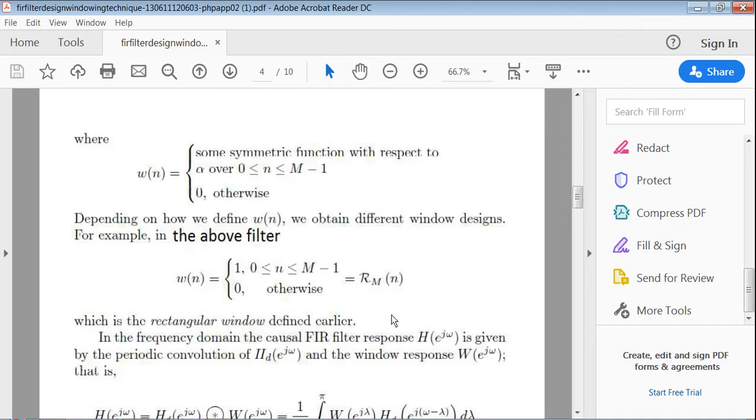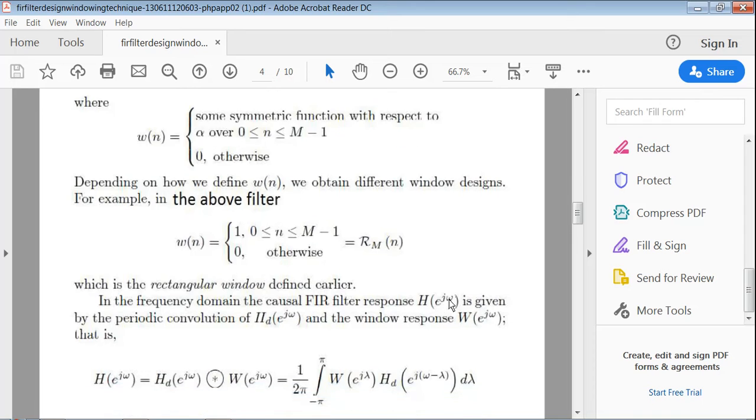For example, for the above filter, if w of n from 0 to M minus 1 is equal to 1 and otherwise 0, it becomes a rectangular window function. Suppose your M is 11, then from minus 5 to plus 5 it is 1, and otherwise it will be 0. So naturally the window is present for only a finite number of samples.